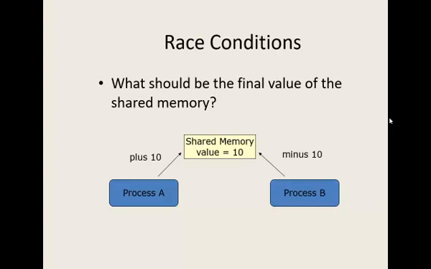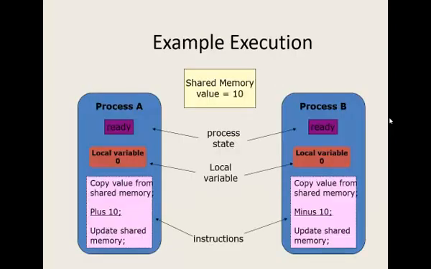Assume that there's a shared variable with the value 10, and there are two processes, process A and process B. Process A will increase the value by 10 and process B will decrease the value by 10.